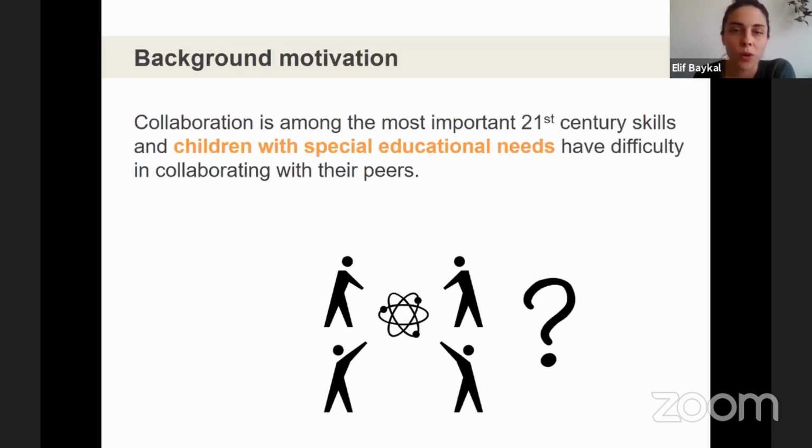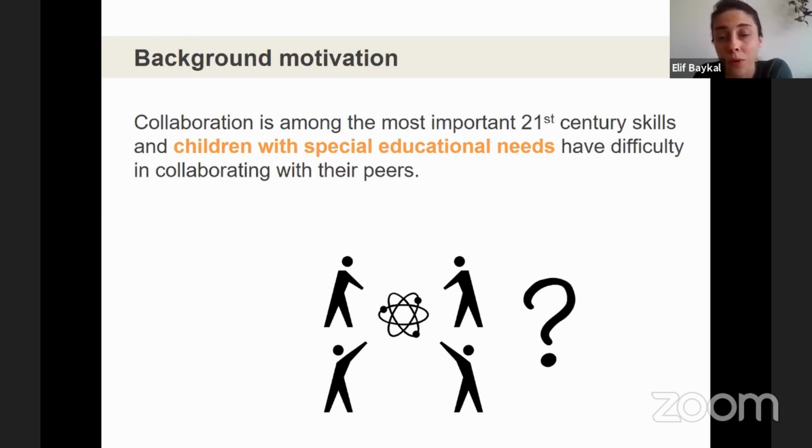So collaboration is one of the 21st century skills and has been taking central attention in research, theoretical and technological developments, especially in education, psychology and design research. However, children with special needs may need some support in developing their collaborative skills.